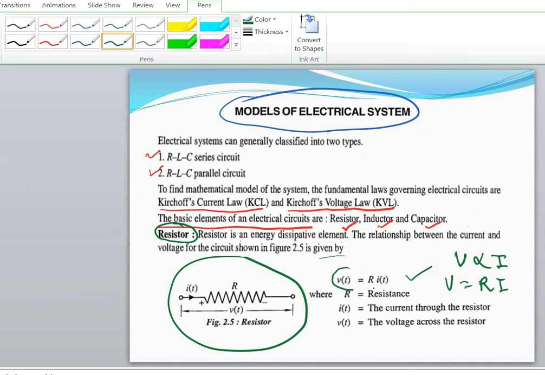So V is equal to IR is the standard format. If there is a circuit with one resistor where current I is flowing and voltage V is across the circuit, then V is equal to IR. So this is the equation which we use.